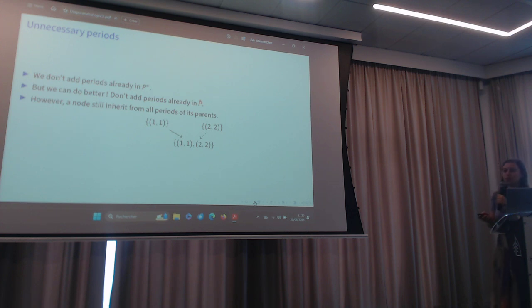So you don't want your cone of periods to enlarge infinitely many times. So that's about unnecessary periods. But I think for comfort, we will stick to the rule that a node inherits all periods of its parents. So it's possible that a node contains an unnecessary period. If you are in this situation, you just keep both periods. I think this point is not so important, but I prefer to do it this way.